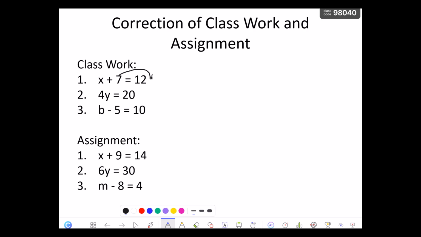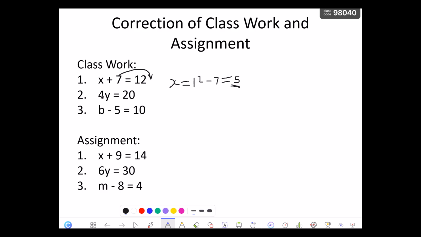When it comes over, positive becomes negative. So x is going to be 12 minus 7, which will give you 5.